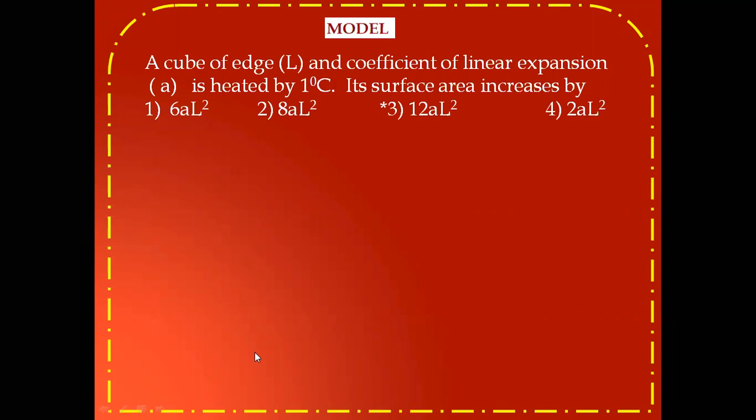Okay, next one. I'm giving the time, please try to read the question. A cube of edge L and having coefficient of linear expansion alpha is heated by 1 degree Celsius. They gave the information that it is heated by 1 degree Celsius, so delta theta is 1 degree Celsius.